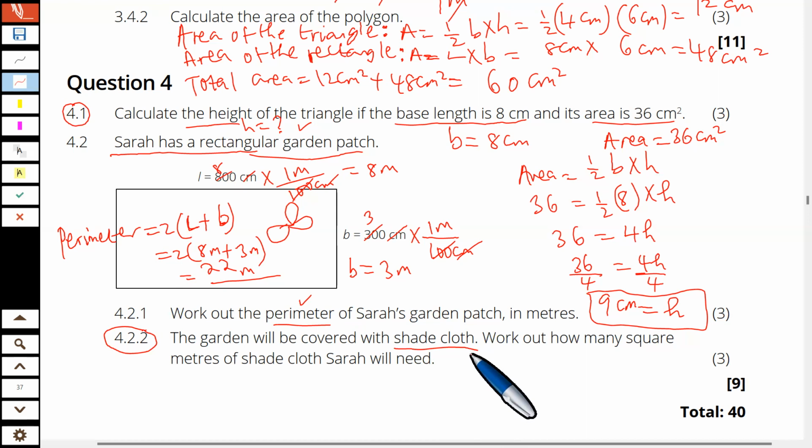Therefore the garden will be covered with shade cloth so that the sun does not scorch the vegetables and the crops. Right, work out how many square meters of shade cloth Sarah will need.